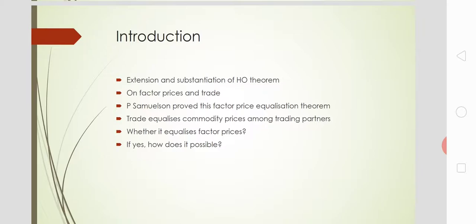Here the argument is trade in commodities leads to equalization of prices of factors in both nations. So what do you think? Will it be possible? In fact, as per the Heckscher-Ohlin theory, trade happens when there are some differences in factor proportions or capital labor ratio in both nations.